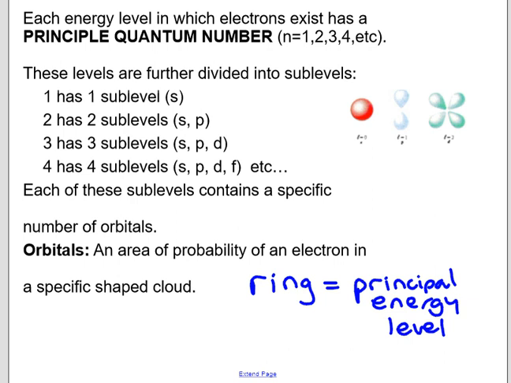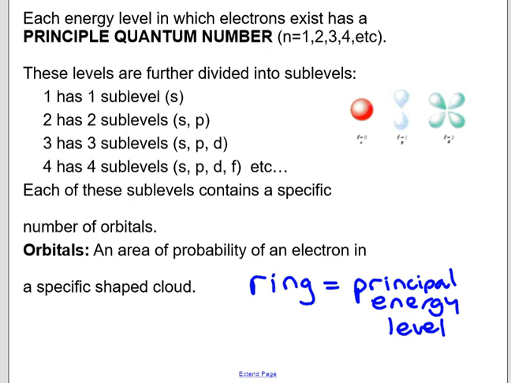Ring 3 we call 3. Ring 4 is principal energy level 4. Starting to see the pattern? It's not really anything more difficult, it's just we've changed the words. But here's where there's a little bit of a deviation, because each ring gets fatter. And as they get fatter, we can divide them into sublevels.